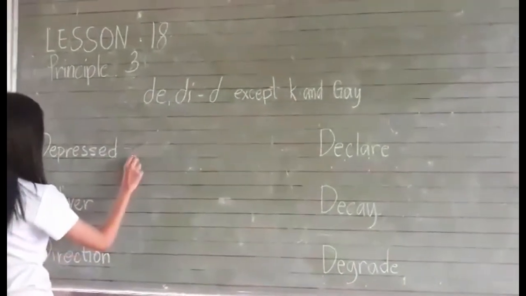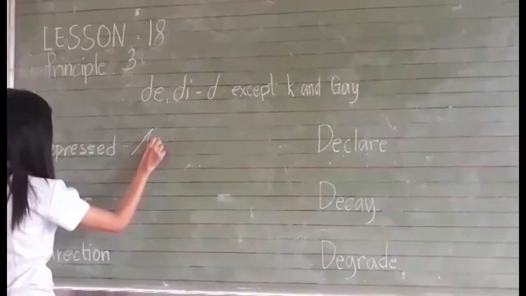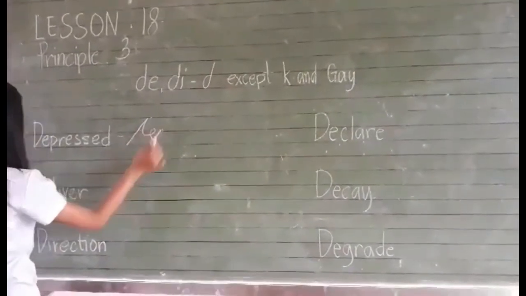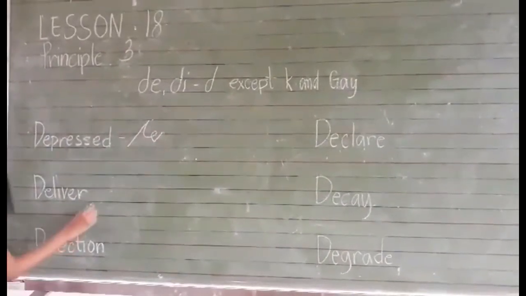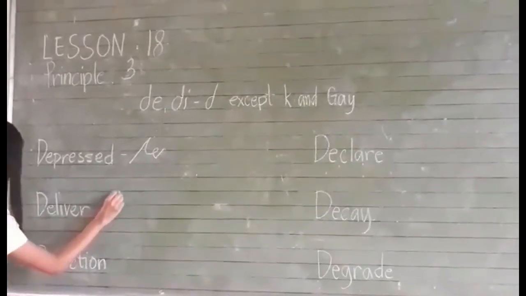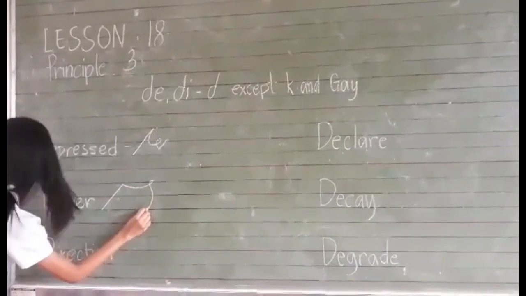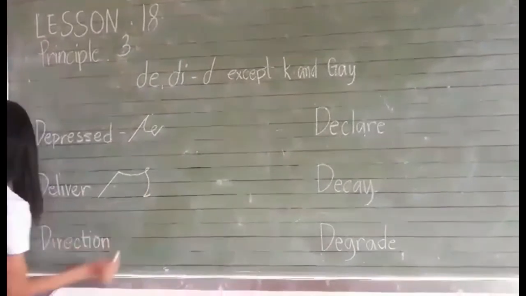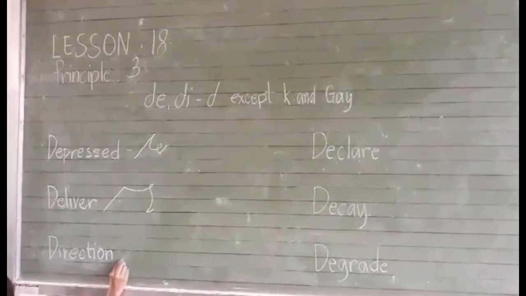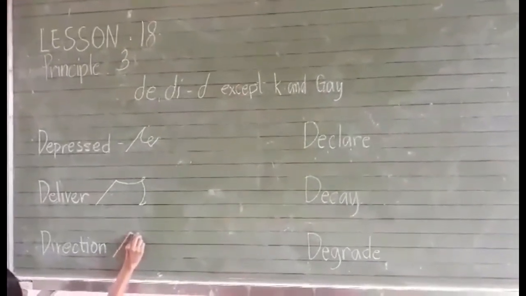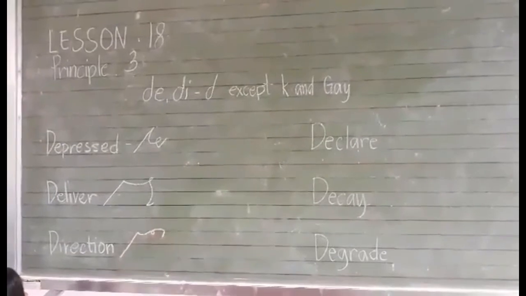Example, depressed, represented by D, P, R, E, S, and T. Deliver is represented by de, followed by L, E, V, and R. Direction is represented by di, followed by R, E, K, and a shon.